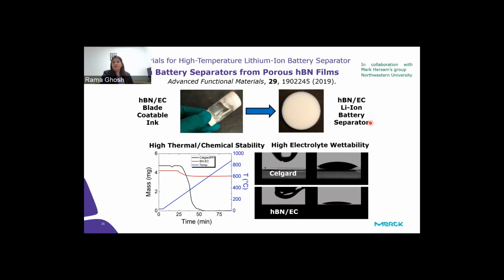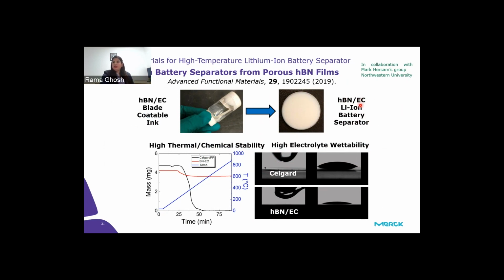It's a two-dimensional material with a higher surface area, so we have made a composite using PVDF as a binder and with ethyl cellulose. This separator has very good surface area, as well as being porous, which increases the performance of the battery.